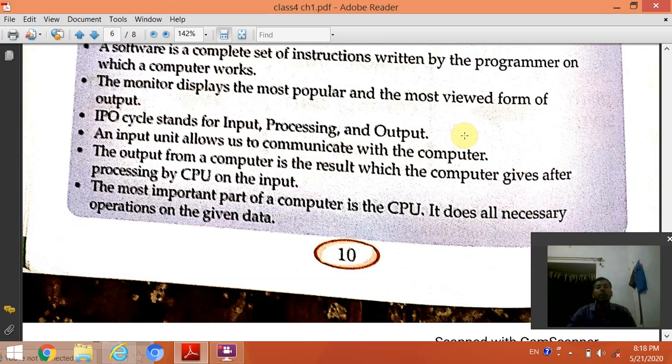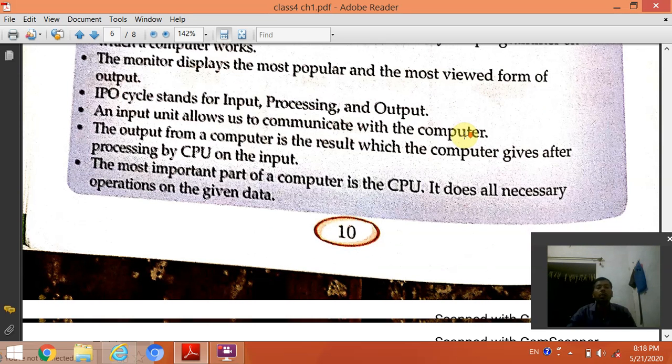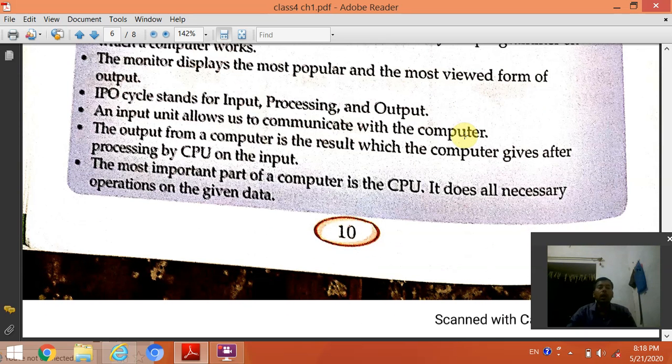IPO cycle stands for input, processing and output. An input unit allows us to communicate with the computer. With the help of input units we can give instructions or data to the computer system.